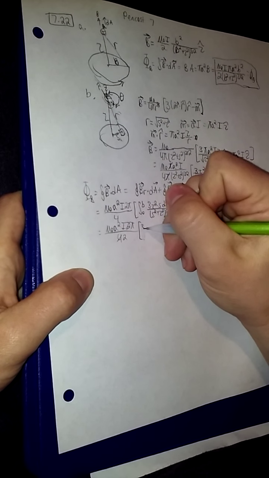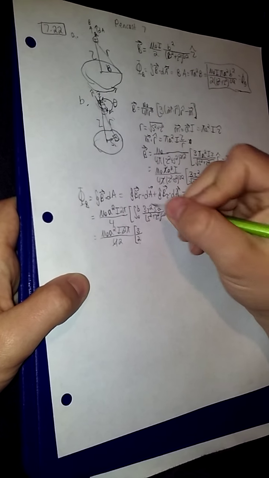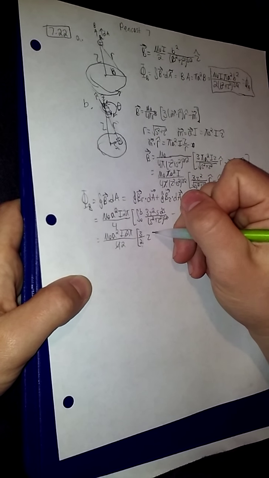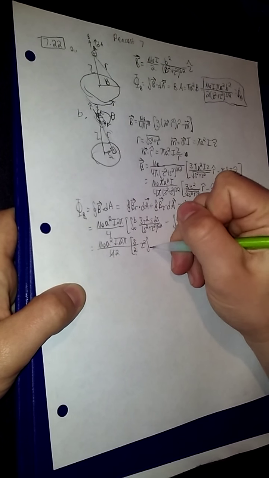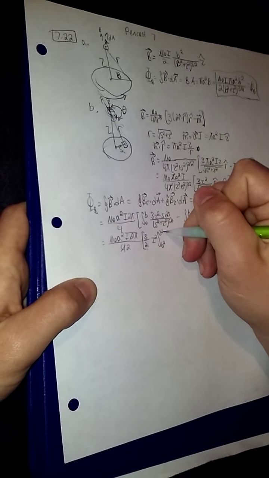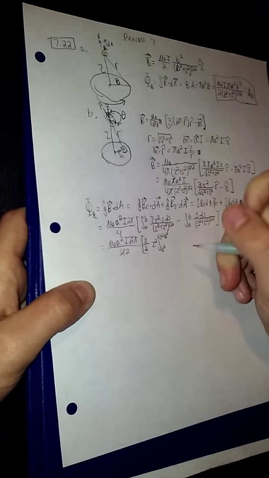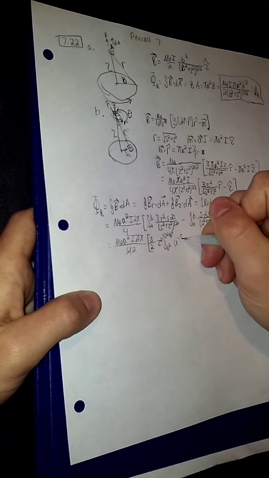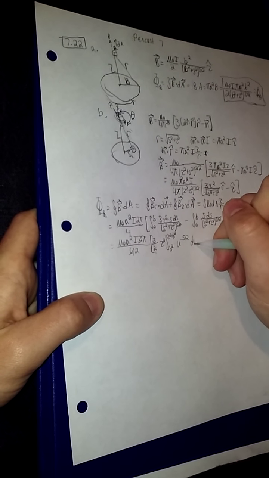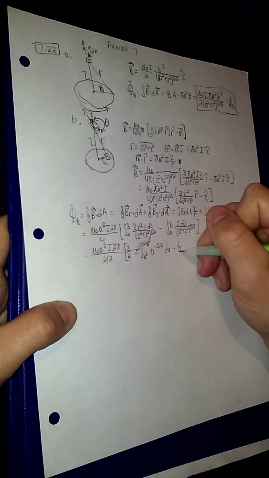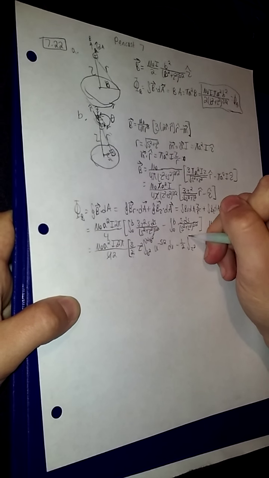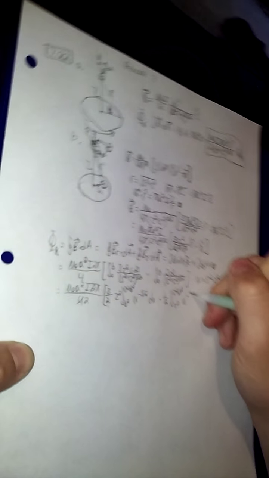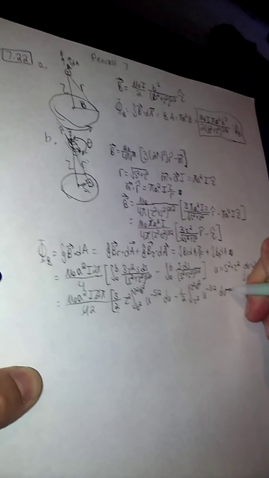I'm going to pull the 1/2 from the du. So 3/2 z squared, integral from z squared to z squared plus b squared after redefining our limits, of u to the negative 5/2 du, minus 1/2 the integral from z squared to z squared plus b squared of u to the negative 3/2 du.